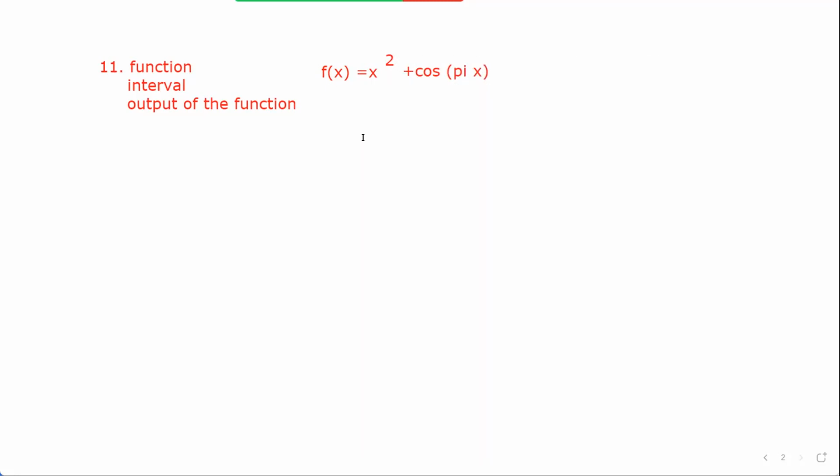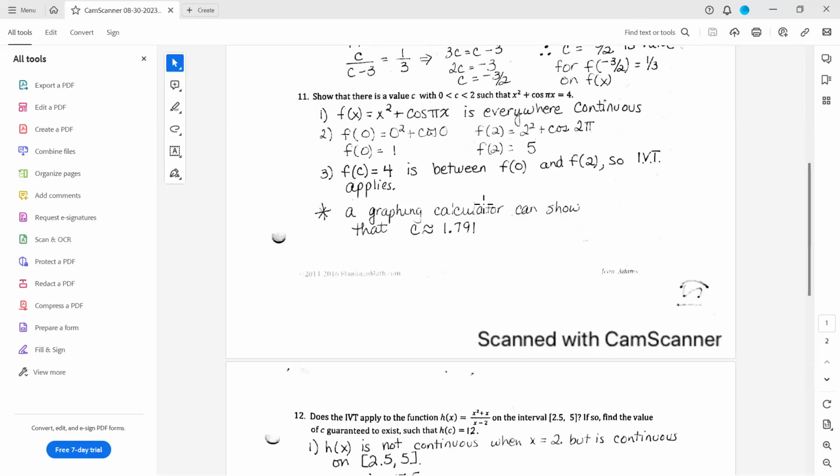Now, what interval am I on? You remember? It's 0 to 2. Let's go back and look. Here it is. C is between 0 and 2.